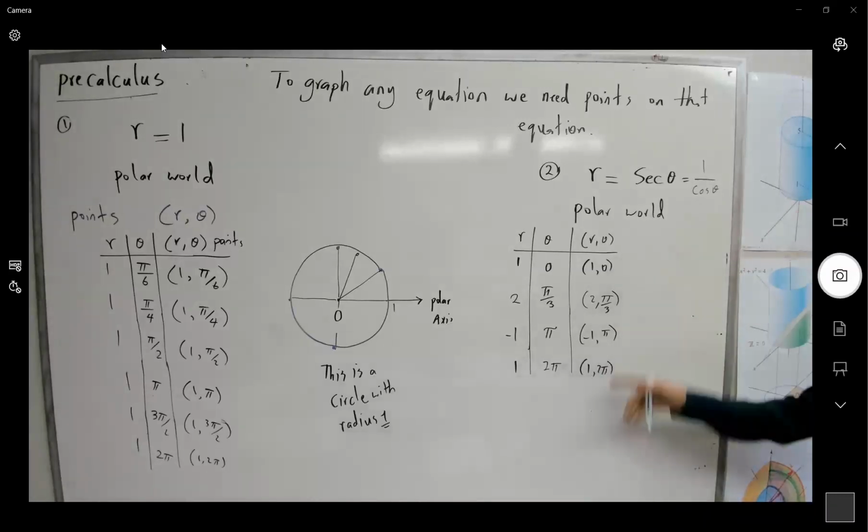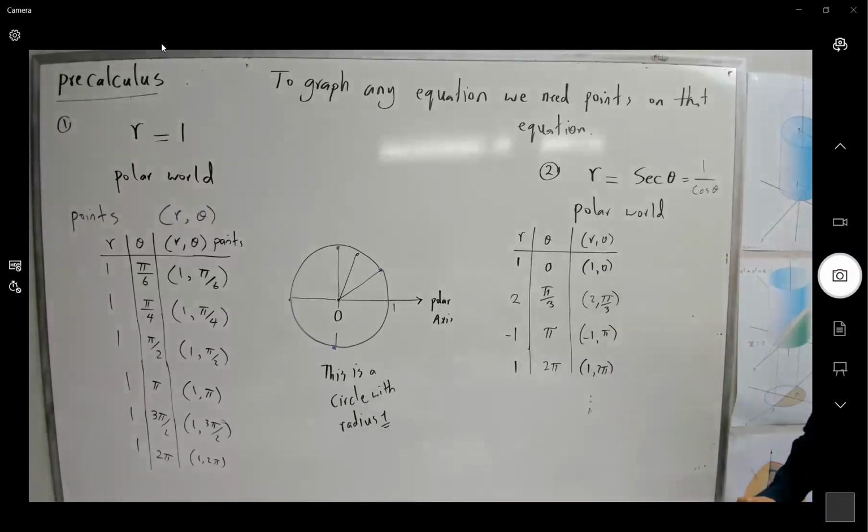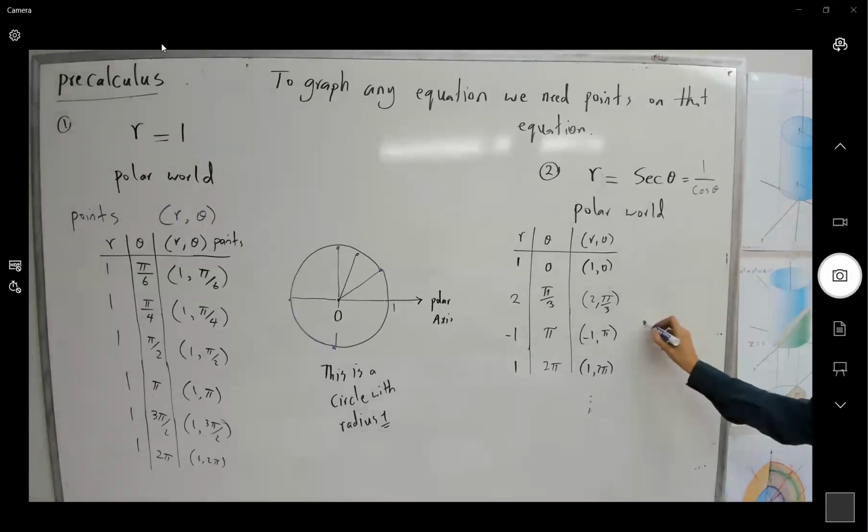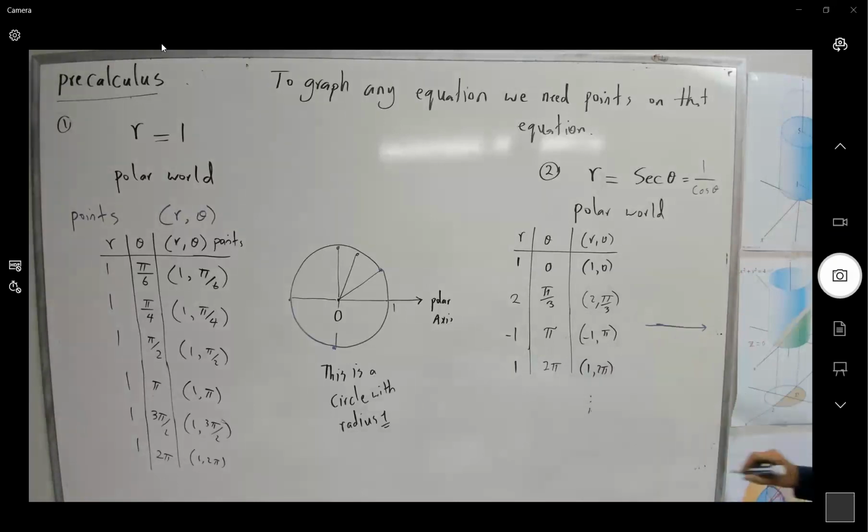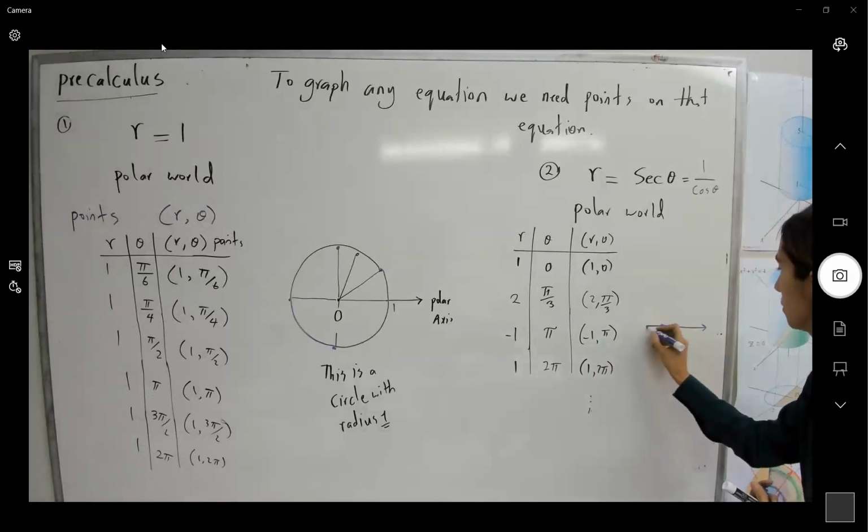Well, now you have some points. You need to graph these in the polar world. So what do I need? I need my origin, and I need my polar axis. Okay, origin.